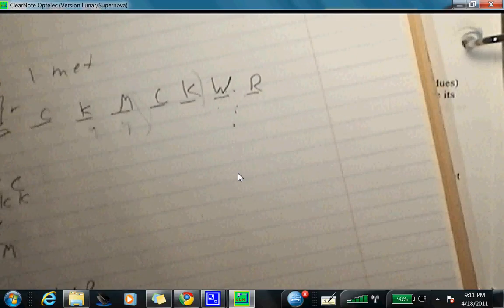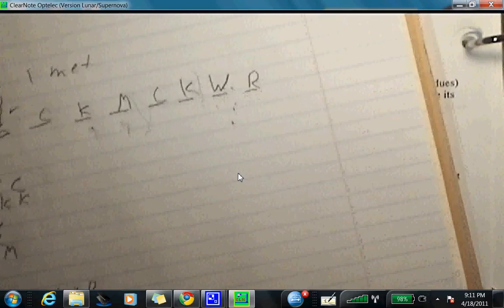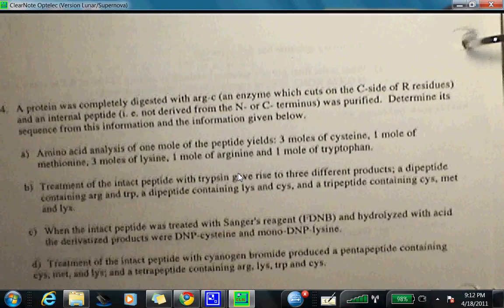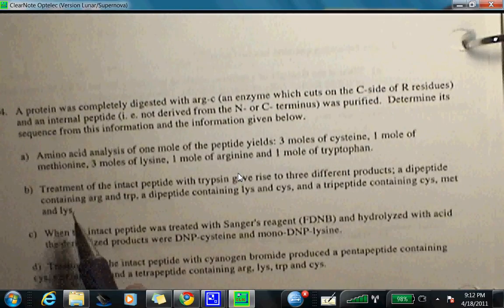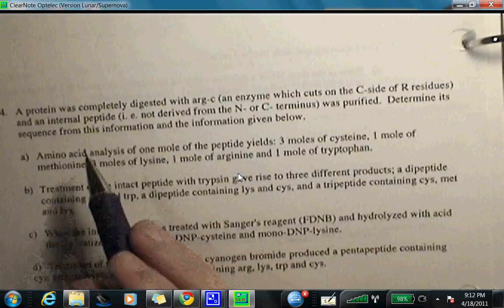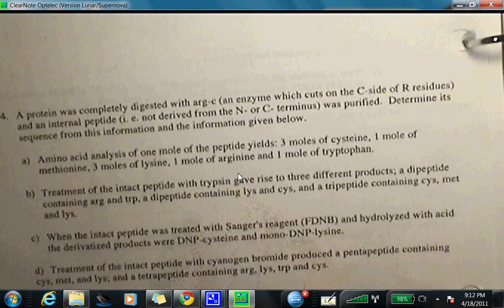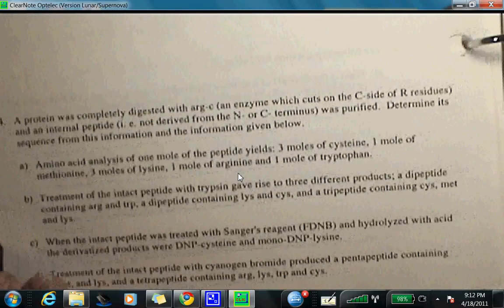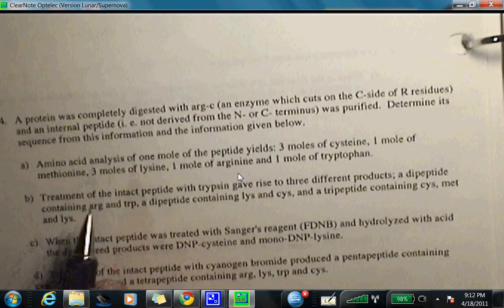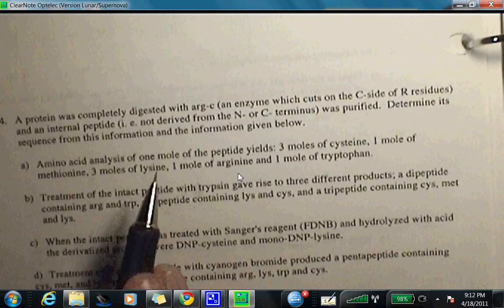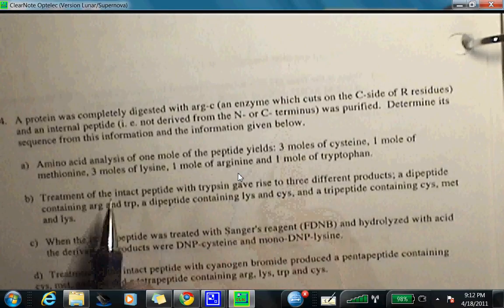If you go back and you look at all these right here, whenever I do this, I always start from the very beginning once I have my sequence, and I make sure that everything makes sense and that everything fits. So this means that R is in the very end.